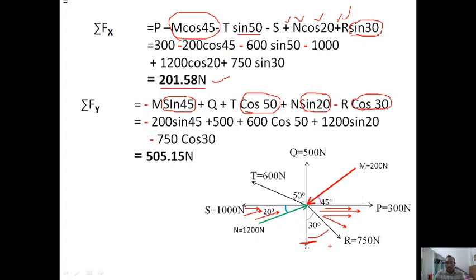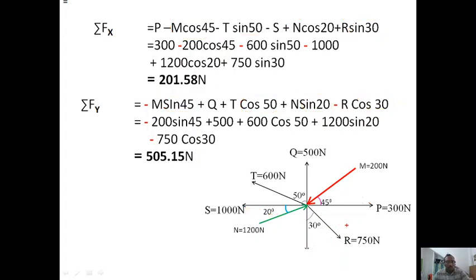Directions are as per the figure. You have to see whether r is going upward or downward. Here r is going towards the downward side, so hence it is given as negative, right?